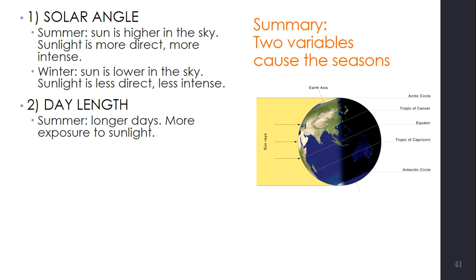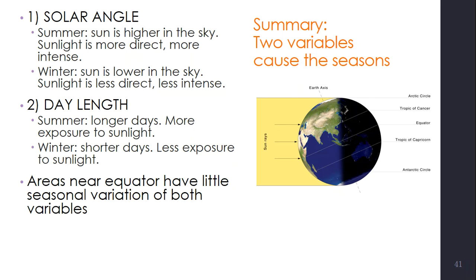In the summer, we have longer days. Our days right now in June are pretty long. We get more exposure to the sunlight. In winter, we have shorter days. We get less exposure to sunlight, right? The less time the sun shines on us during the day, the less hot we can get. We can't absorb as much heat.